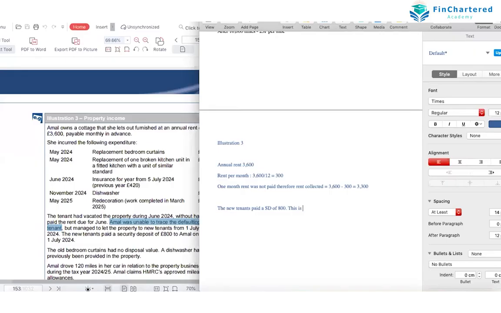At the end of the period, the security deposit has to be given back. This is not taken as money income. So we will not do anything to account for that 800, at least here for tax purposes. This is not taxable income, so just ignore that 800. I hope that much is clear. Annual rent received is 3,300.